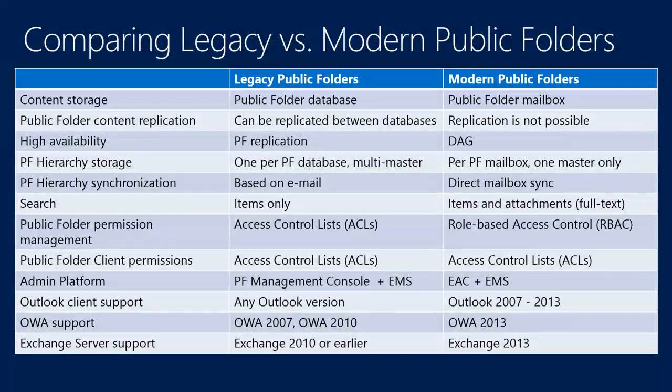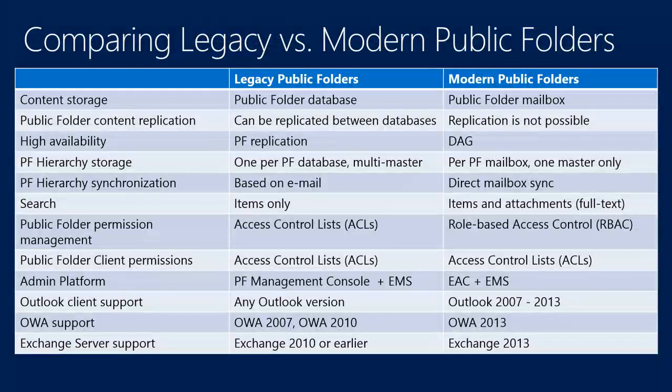The permission model from the server permissions is now based on RBAC. However, the client permissions on the public folders are still ACLs. So we didn't change anything there. And the public folder synchronization, and that probably is one of the largest problems I've seen so far with public folders, is the hierarchy replication messages that flow between each of the public folder databases.